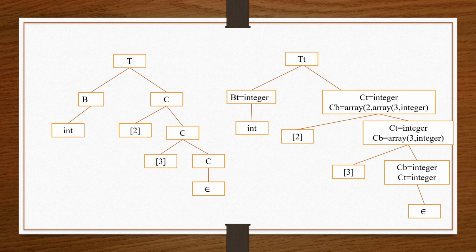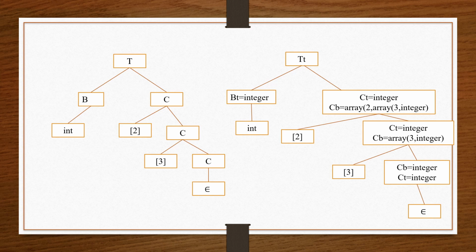T. T is replaced with B, C. According to the input, what is the type? Integer. Therefore, B is replaced with the value integer. Now C is replaced with 2C. 2 means subscript. Again, C is replaced with 3C and the final C is replaced with epsilon. So this is the syntax tree.